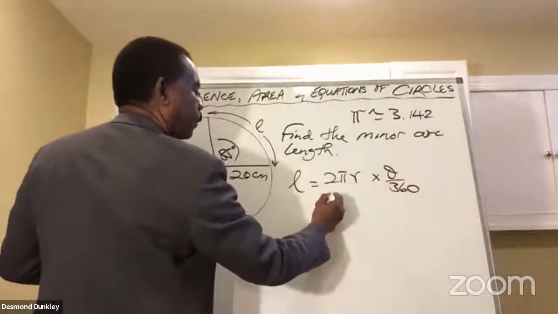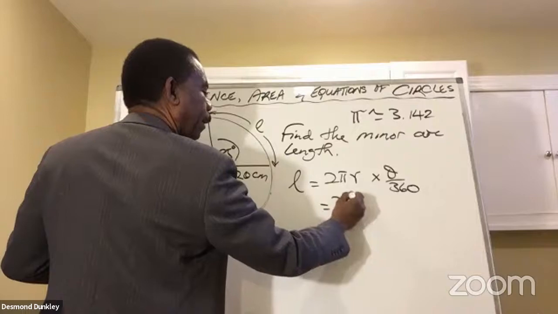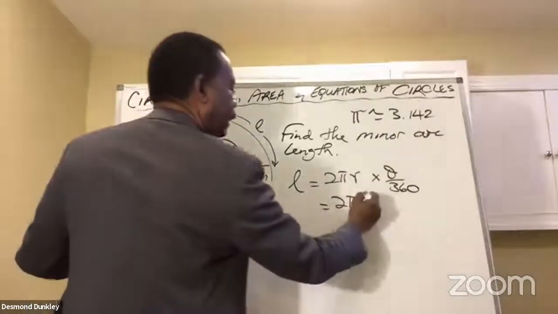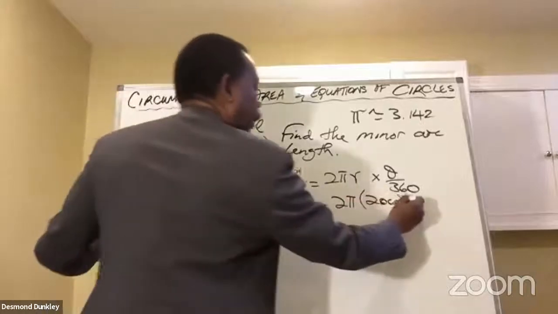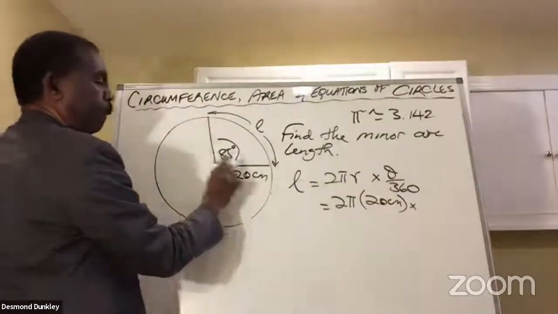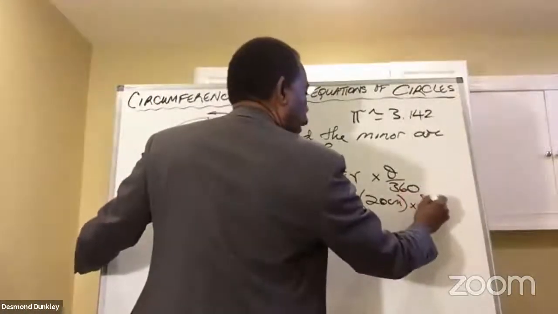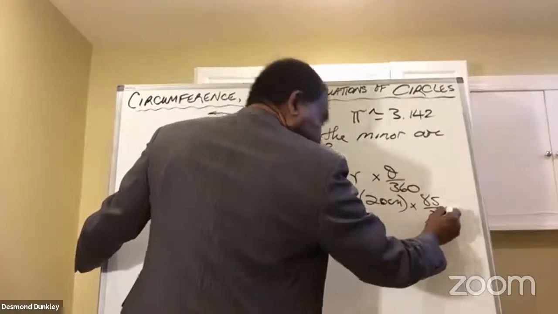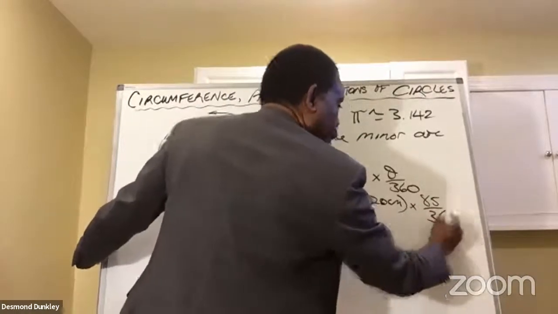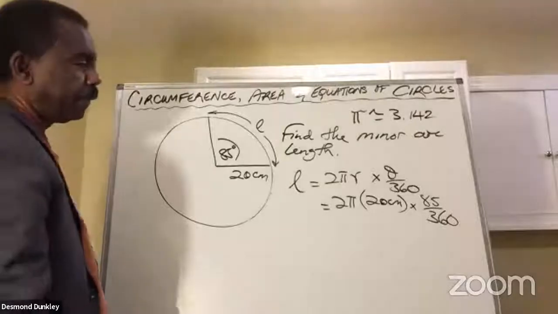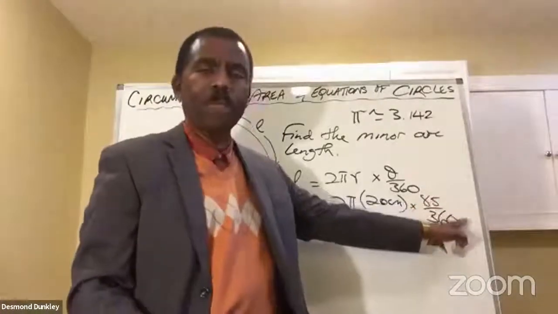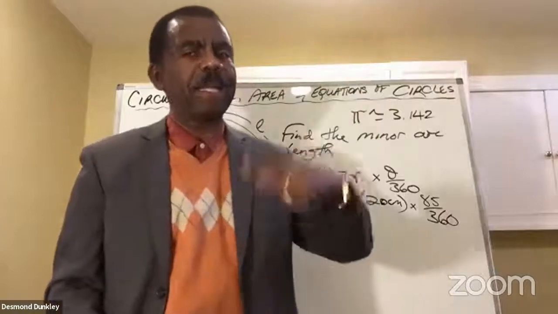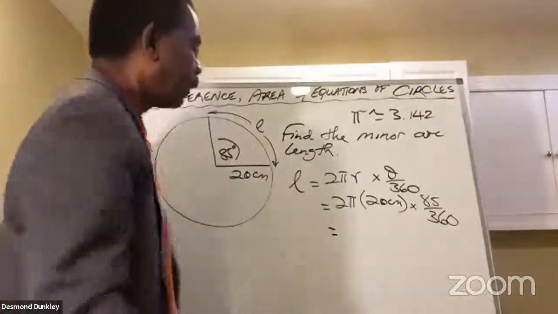So this is equal to 2 times pi times R, which is 20 centimeters, times 85 over 360. And all we have to do is, because this is degree over degree, the units will cancel, okay?